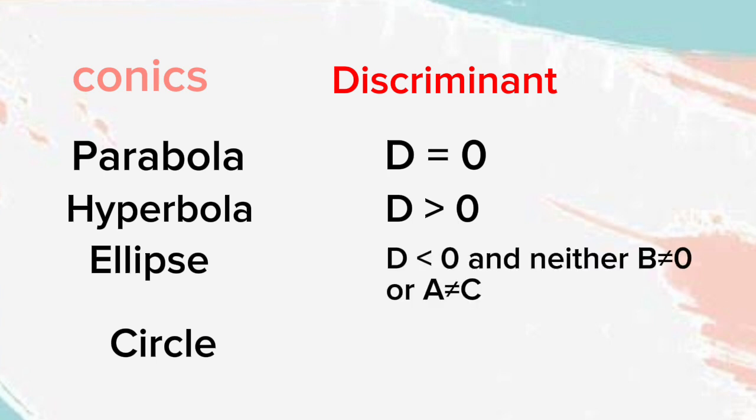If the discriminant is less than 0 and either b is not equal to 0 or a is not equal to c, it is an ellipse. And if the discriminant is less than 0, wherein b is equal to 0 and a is equal to c, the type of conic is a circle.